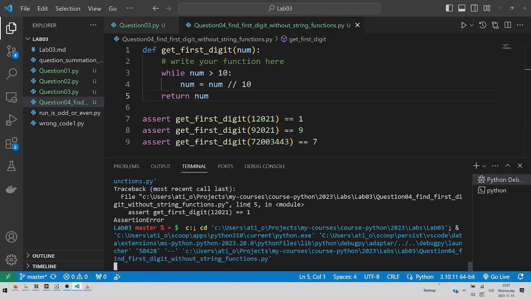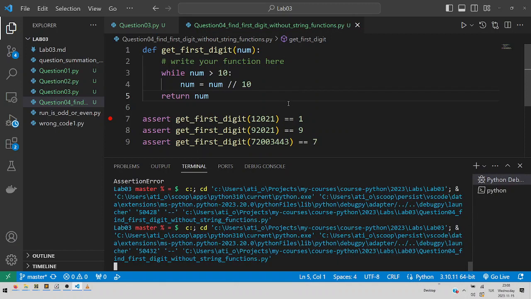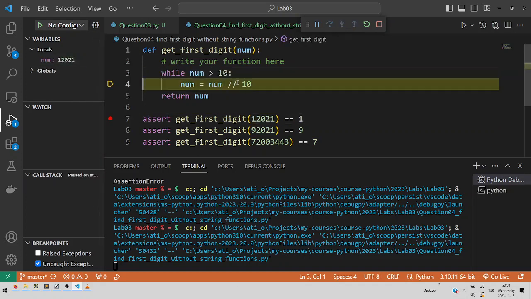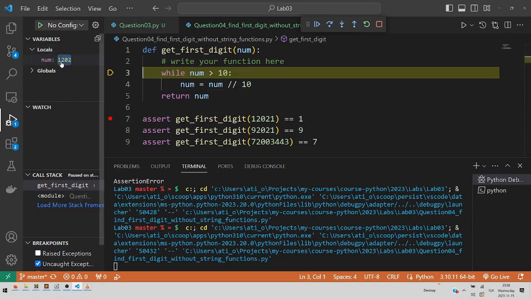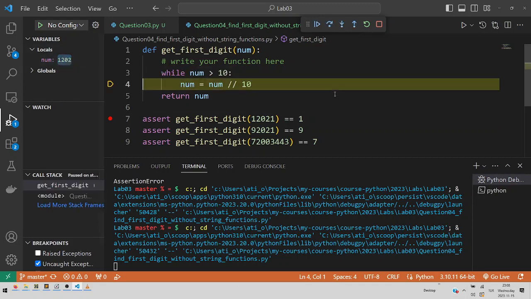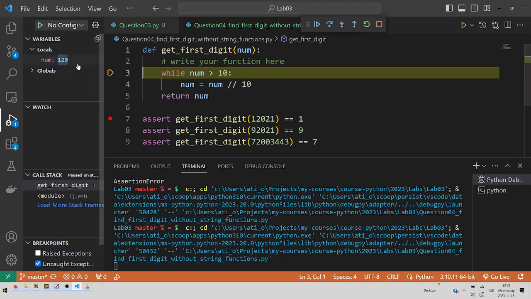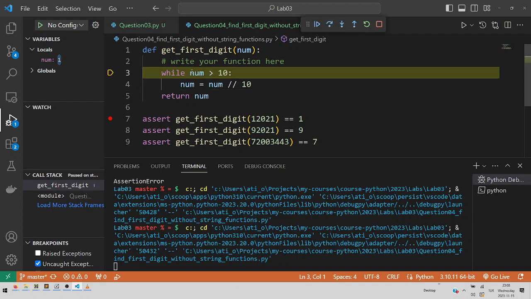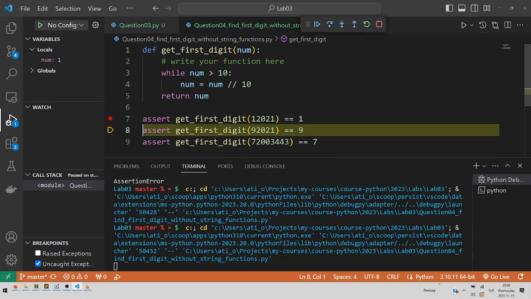Everything should work the same. Let me do a debugging and show you this solution. Start debugging. Okay, here we can see this num. I'm dividing by 10. It becomes 1202, again divided by 10, divided by 10, divided by 10, and at last it is not greater than 10, therefore we are returning that one.